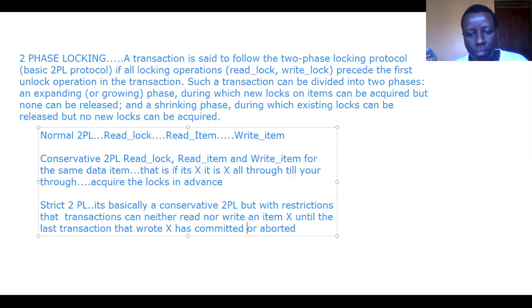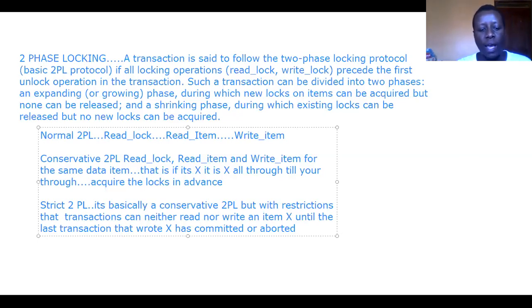That's where the whole thing comes in. Strict 2PL is basically conservative 2PL, but with the condition that transactions can neither read nor write an item X until the last transaction that wrote X has committed or aborted. Now, here the difference between conservative 2PL and strict 2PL comes in.